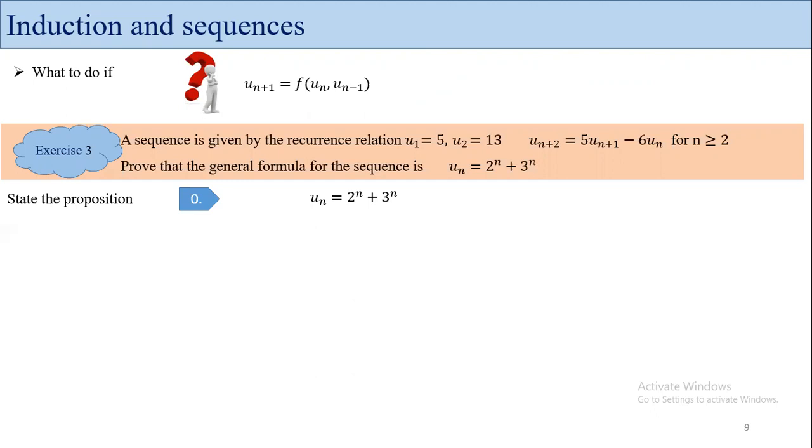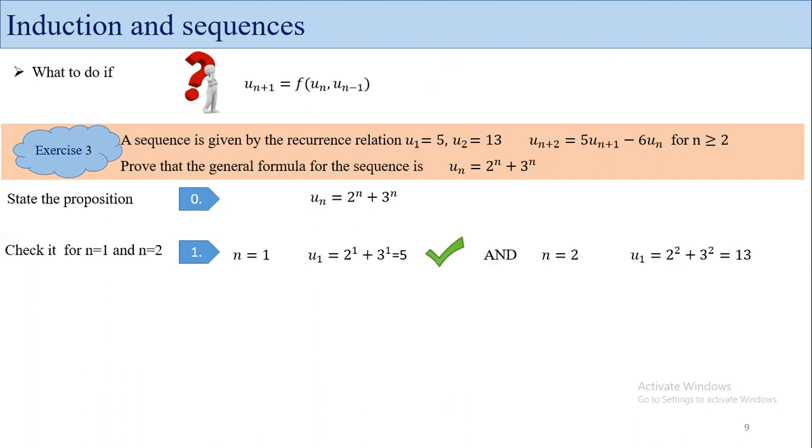To use induction to prove it, we need to apply some changes to our general method. As before, in the first step, we restate the proposition. Now we check whether the relation for n equal 1 and n equal 2 is correct or not. It means we substitute n equal 1 and 2 into the general formula, and then compare them with the given u1 and u2.